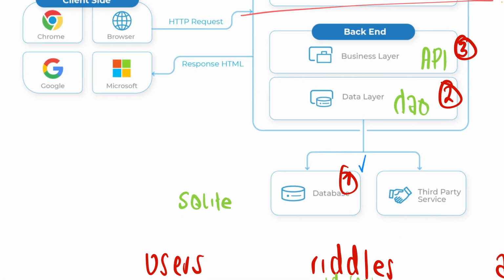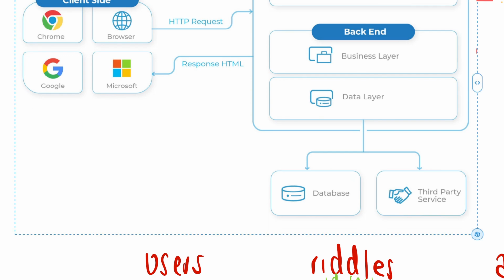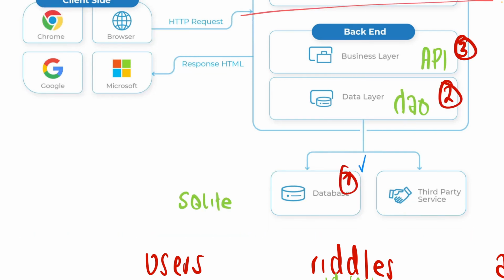But at this point, what have we done? We were here in the business layer, and we were trying to identify the API endpoints that we will be using. Of course, we also have to implement the part that has to do with the SQL queries that we will be doing to the database to retrieve the information.